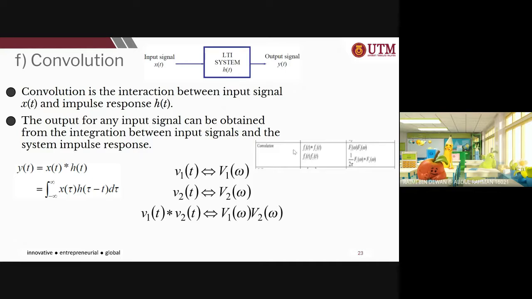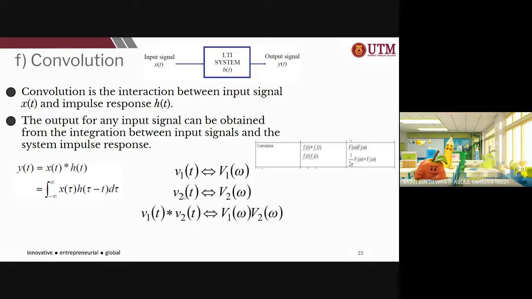You can see here in this table, for example x(t) convolved with h(t) produces y(t). Now we want to see what Y(omega) is. In the time domain, to do the convolution of x(t) with h(t), this is the integration. In frequency it will be much simpler because it is just a multiplication.